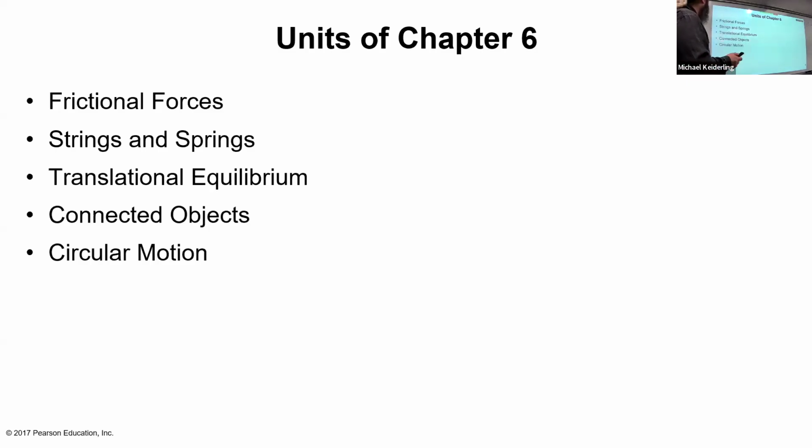There's a whole engineering course called statics. Then we'll talk about connected objects. So how to deal with objects that are connected in some way, and ways to treat them as a whole system to make the math easier and things. And then lastly, we'll talk about circular motion.